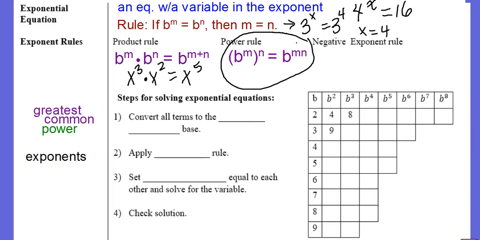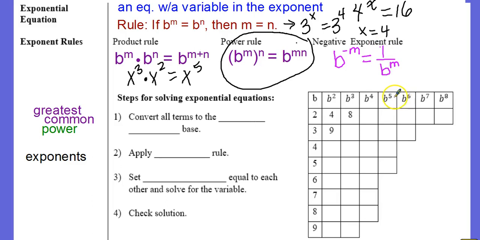Also, we will be applying the negative exponent rule. Let's talk about the basic negative exponent rule. It says if I have some base raised to a negative exponent, if I want to evaluate that, I would write it as 1 over the base to the positive exponent. We know this.